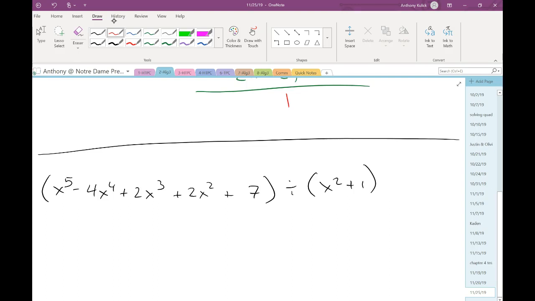So, let's set this up. So I'll draw my division bar. What polynomial is going to go on the outside of this division bar? X squared plus 1. How am I going to write it?